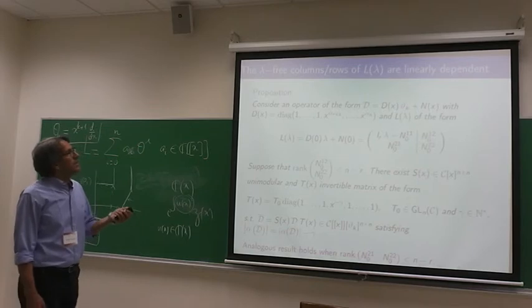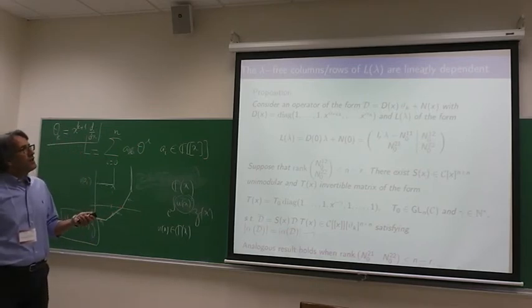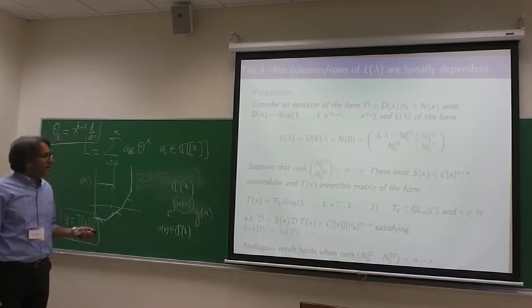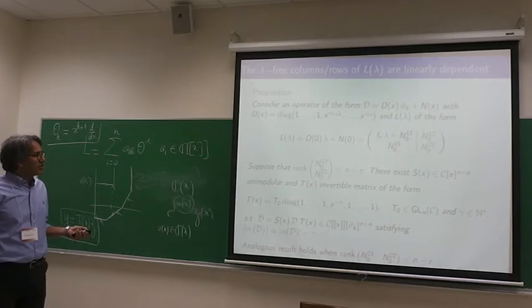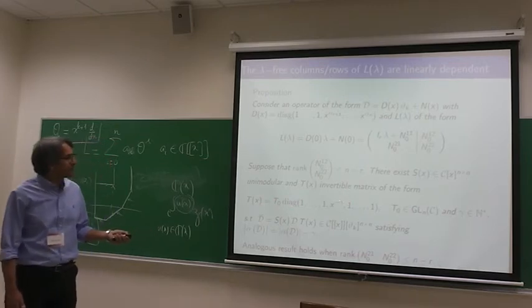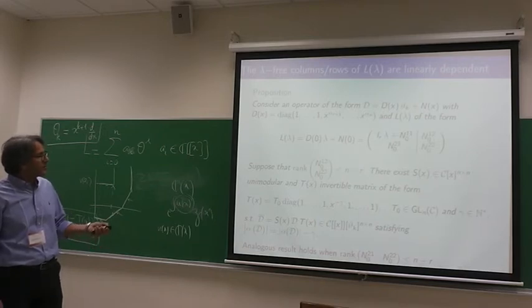In the case when the lambda-free columns or rows are linearly dependent, the situation I mentioned before, the transformation is very simple, and is given here. We apply a transformation T of this form, so gamma can be computed explicitly.